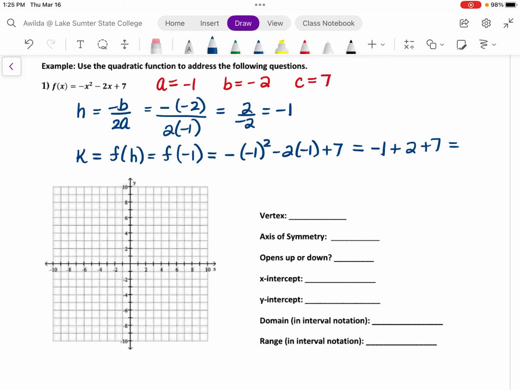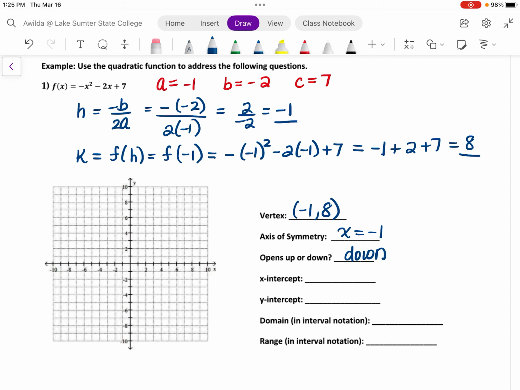So after all is said and done, we get 8 for k. That means that the vertex is at -1, 8. The axis of symmetry will be the vertical line x equals -1. Because a is negative, the parabola will be opening down.